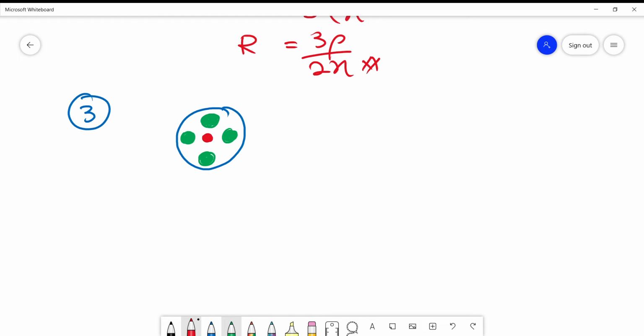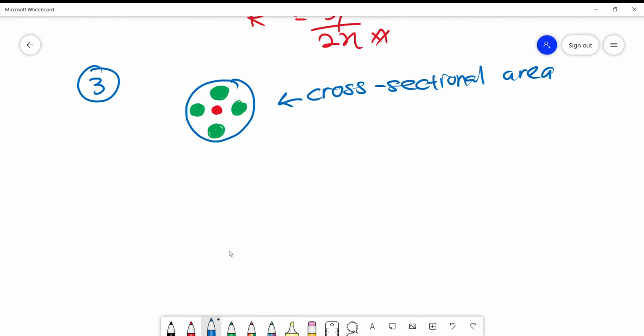Okay, so this actually represents the cross-sectional area of the wire. Cross-sectional area. So I can see that this one set of wire consists of 5 wires included inside this big set of wire.